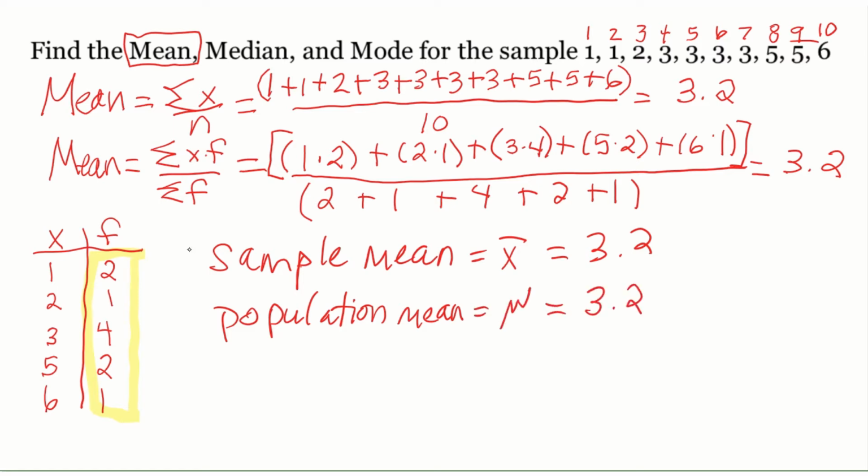You solve for both values exactly the same, and your problem is going to tell you whether or not you're using a sample or a population. And we can see here that this is telling us we're using a sample. So that means our final answer would be x bar equals 3.2.